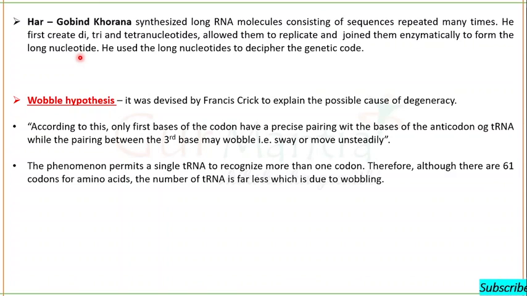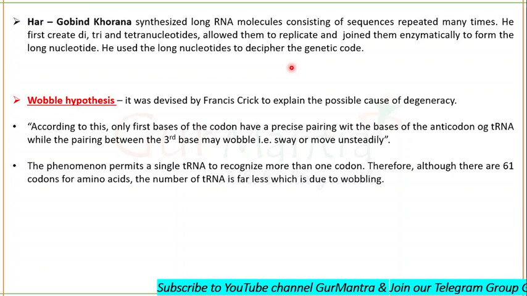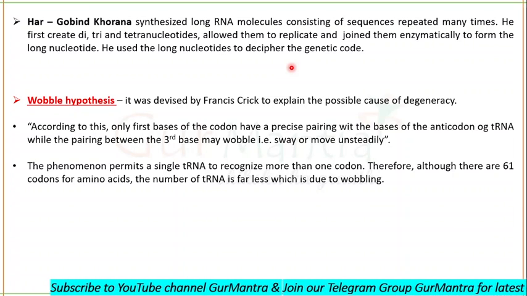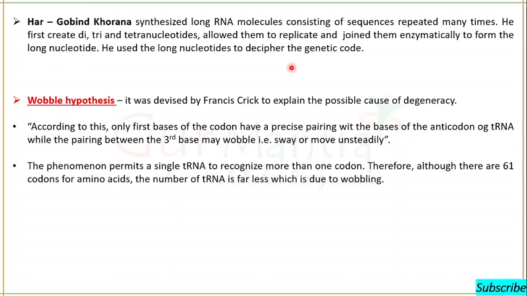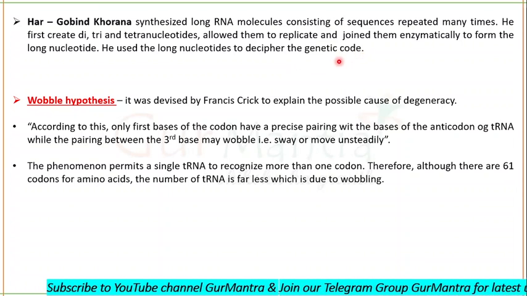He then used such long nucleotides to decipher the genetic code. Nirenberg and Khorana were awarded the Nobel Prize for this discovery, because Nirenberg was the first to start it, and Khorana was the person who was able to decipher the genetic code more accurately.